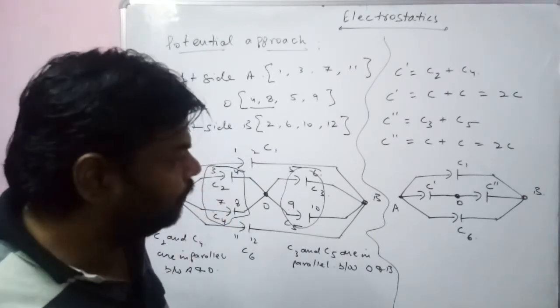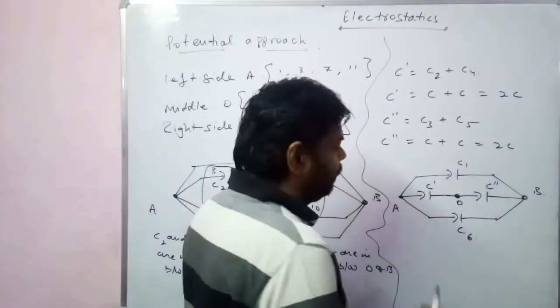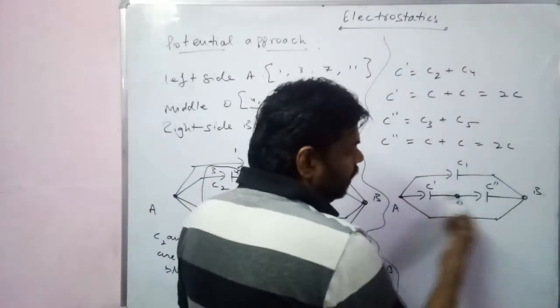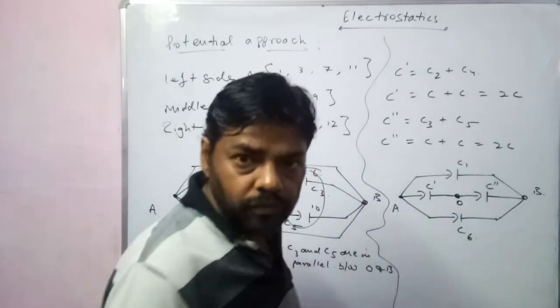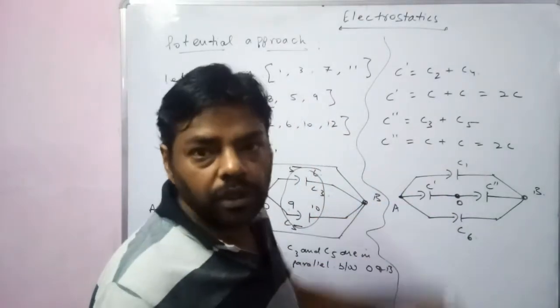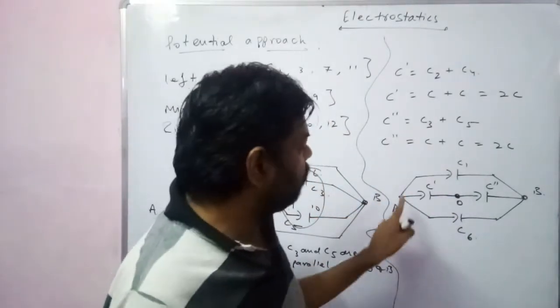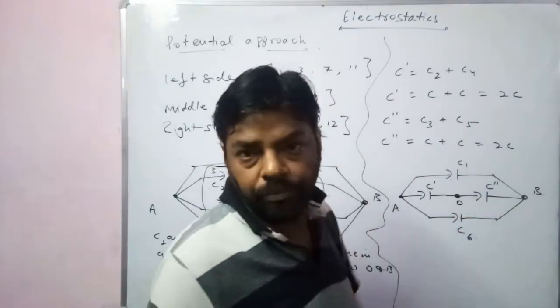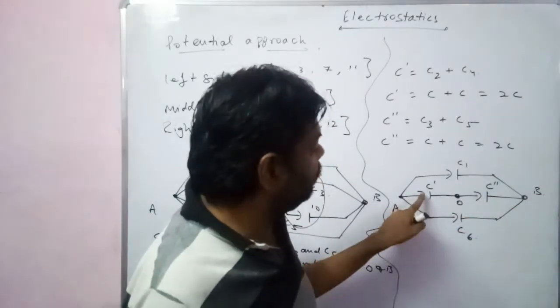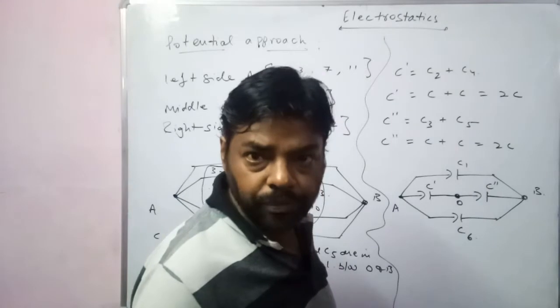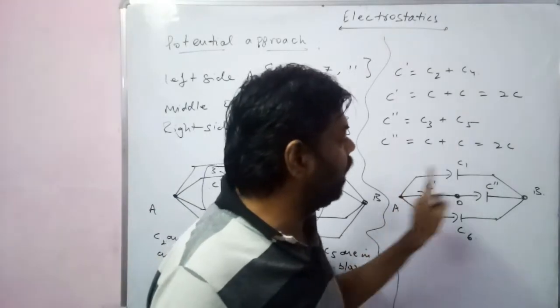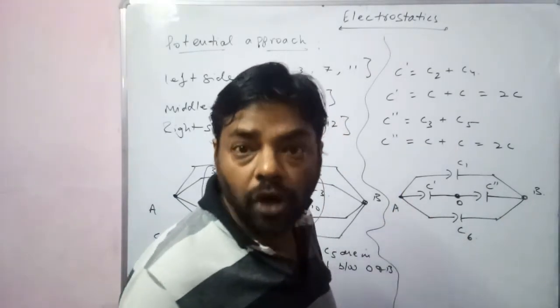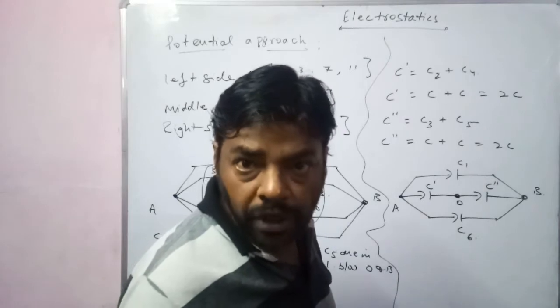Now clearly, from the figure, we have 3 arms between the points A and B. But when we talk about the second arm, in which the capacitors C dash and C double dash are present, when you go from A to B, there does not exist any branch in between.